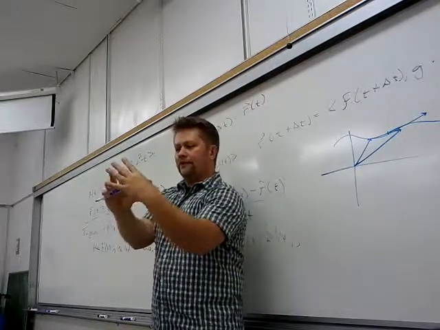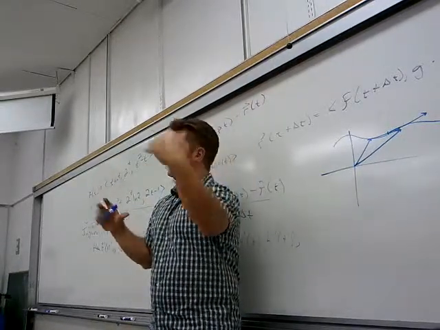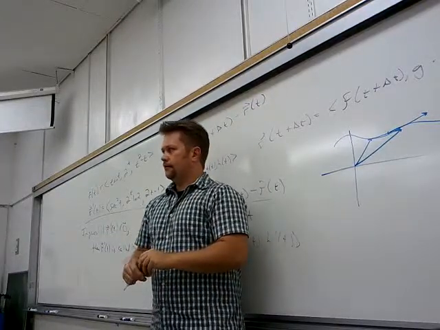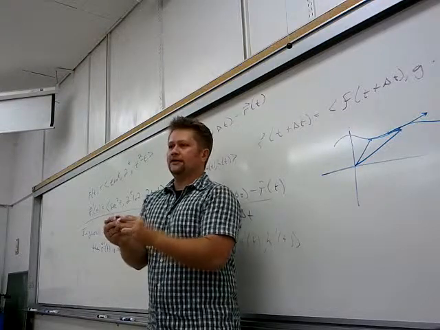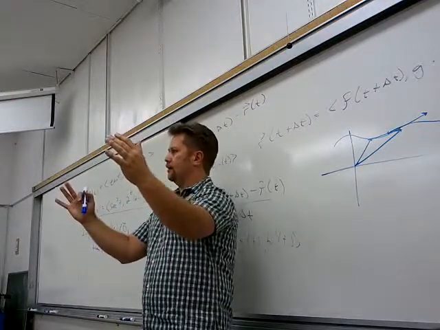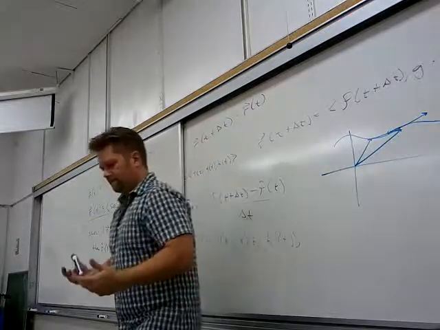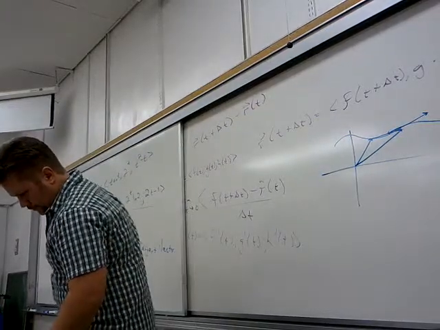Only now I can have vectors of any size and attack it using calculus. We couldn't do that back in 180. We don't have a nice way to do that. But now I can have vectors that I attack directly with calculus, and they can be in any dimension that I need them to be. Okay.